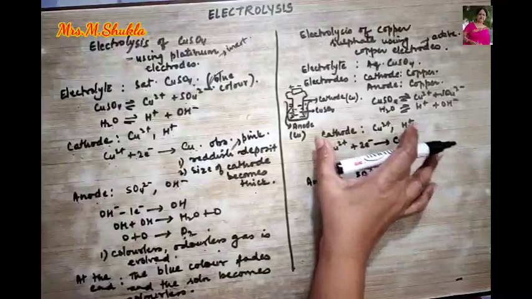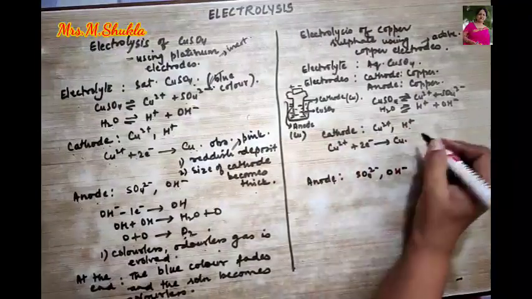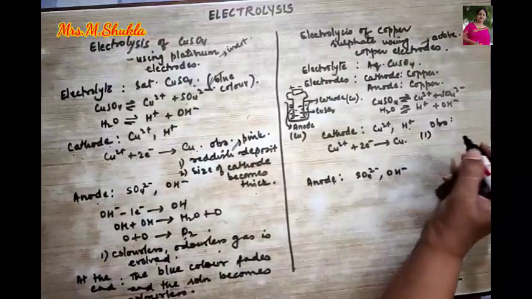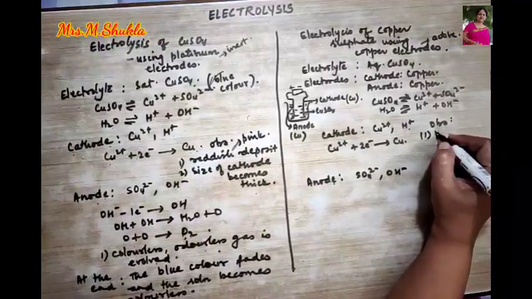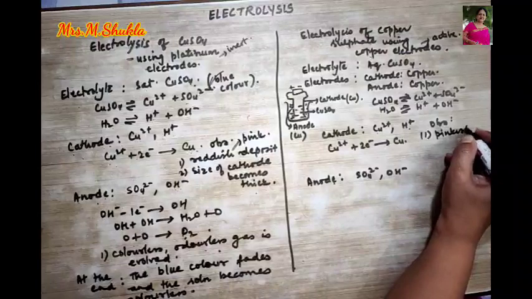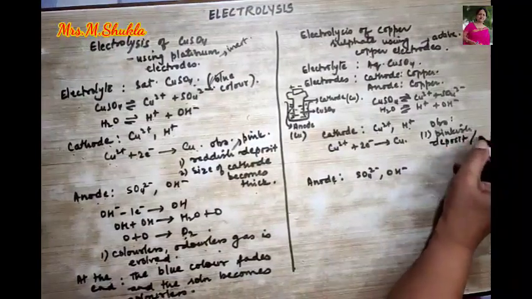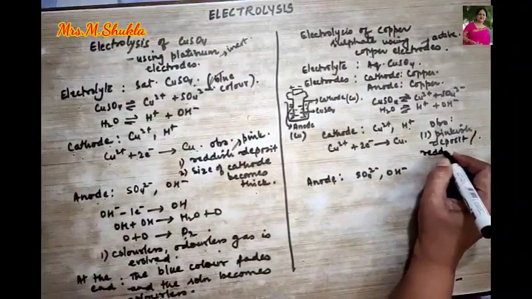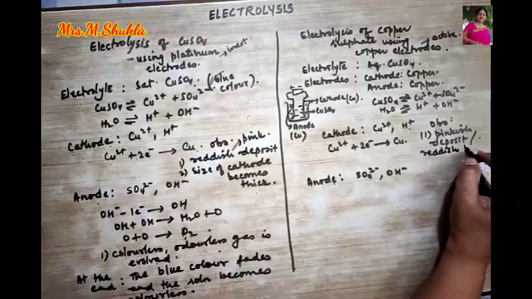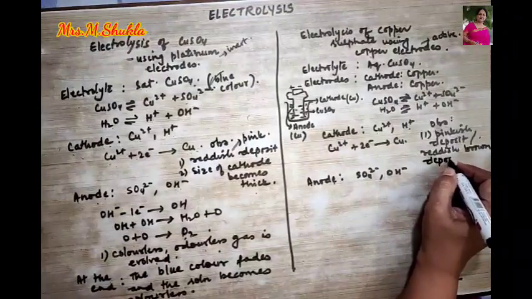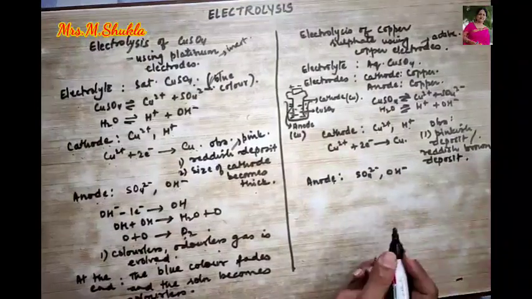So they accept 2 electrons and they become a neutral atom. So what do you observe at cathode? The first observation at cathode is a pinkish or reddish brown deposit can be seen over here.